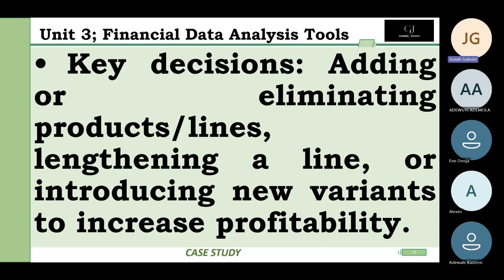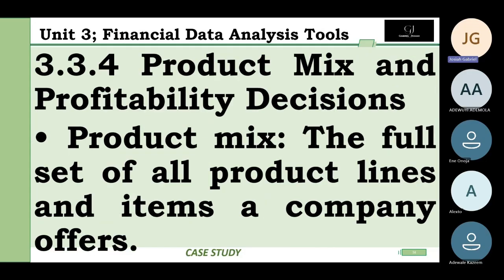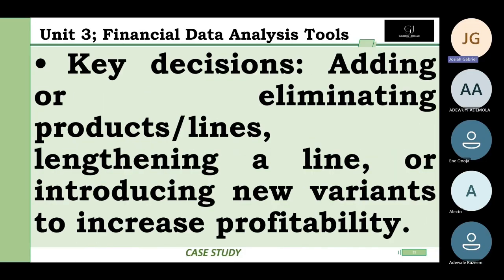So these are key decisions, and financial data analysis tools like product mix help you to make these decisions. Very important, either adding or eliminating products in the lines, depending on their contribution to the entire product mix.